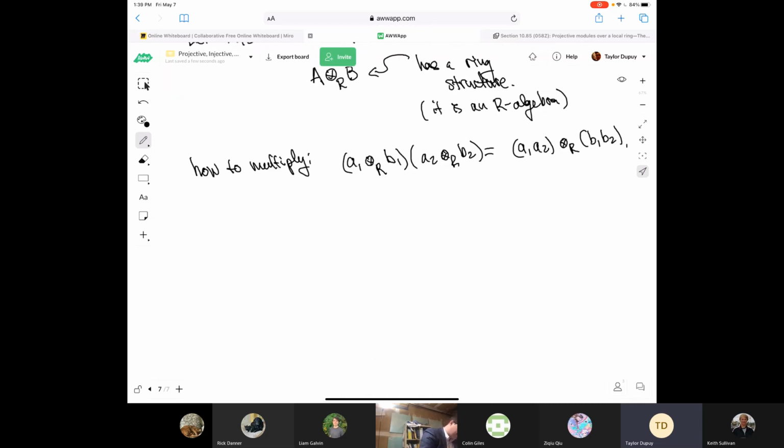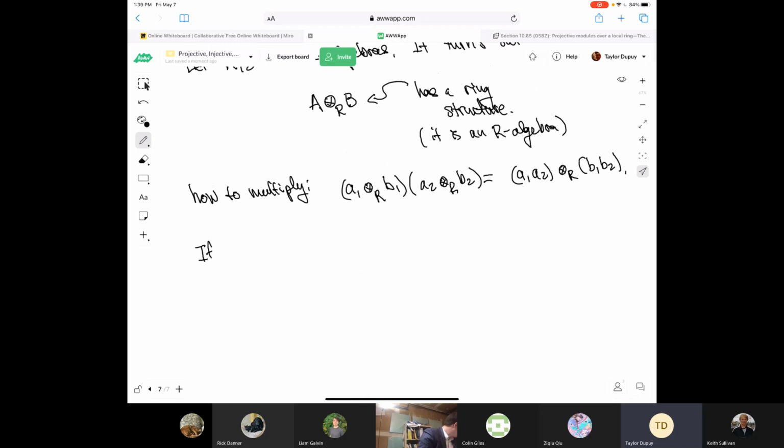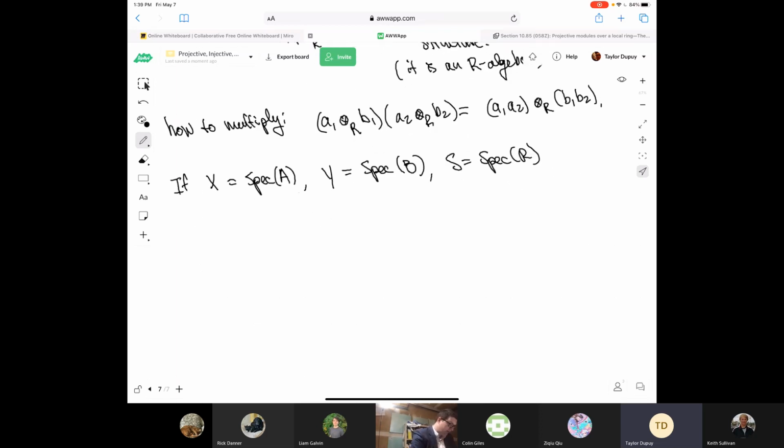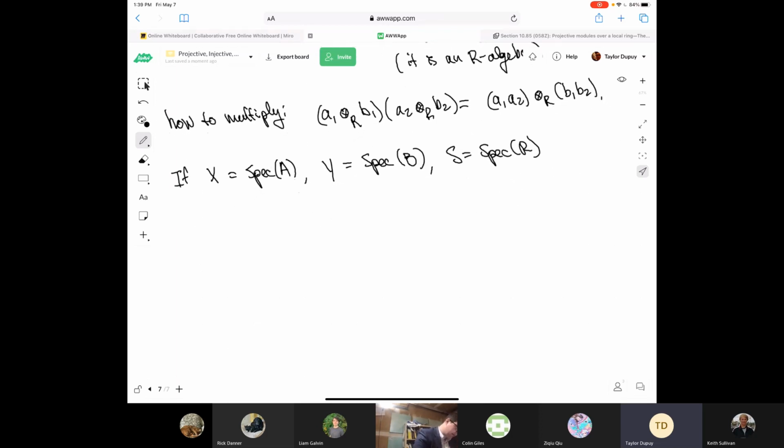So if X is Spec A, and Y is Spec B, and let's say S is Spec R, then one thing we can do is look at the fiber product.